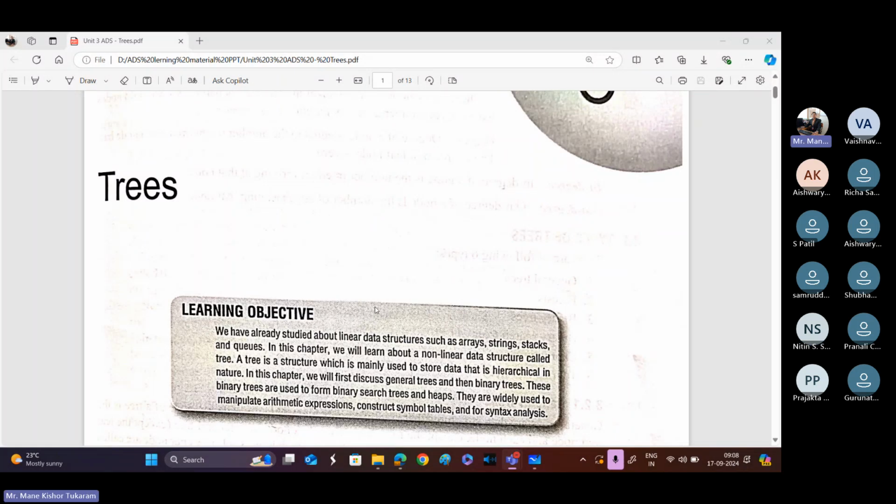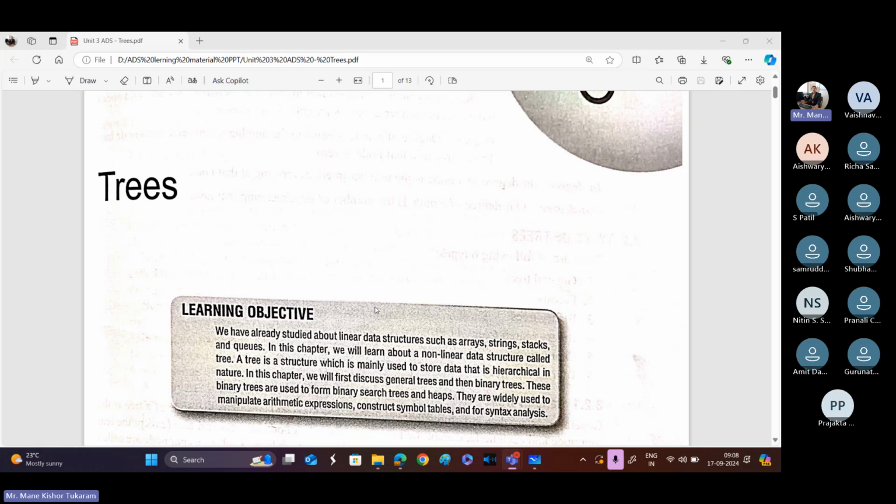So we just start today's session. Today's session is very simple. It is related to trees.